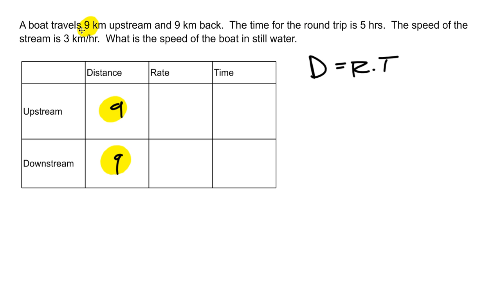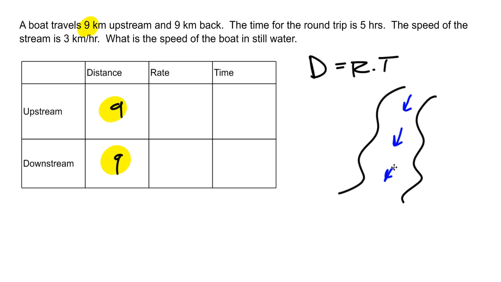So it says that the speed of the stream is 3 kilometers per hour. If you think about a stream, because water travels down naturally, that means downstream it's traveling at 3 kilometers per hour.